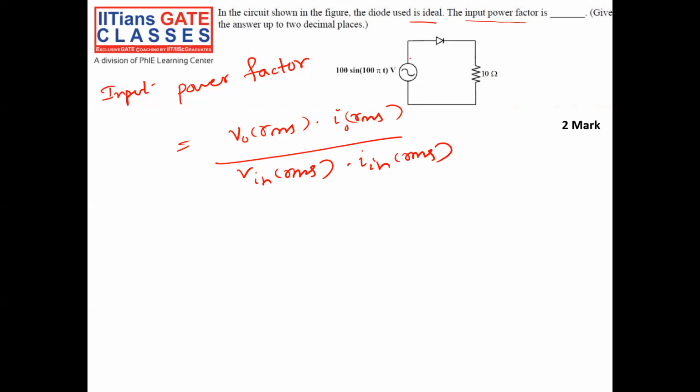In this circuit, during the positive half cycle, the diode will be forward biased, so it will be like a short circuit. So my V output will be V input, 100 volt, totally coming to my output. During the negative half cycle, the diode will be open, so my output will be 0.